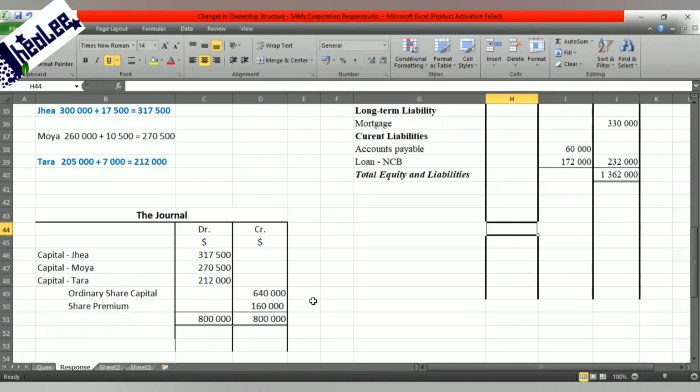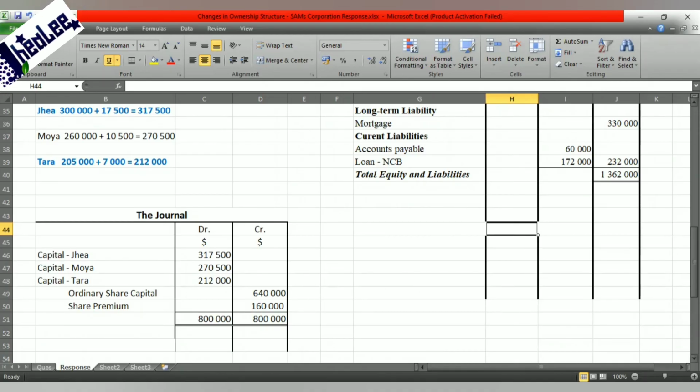But there may be questions where they don't tell you how many shares were sold. What you would then do is just use whatever amount of capital you have for the partners and purchase that amount of shares. So for example, if they did not say that 80,000 shares were sold, all of that 800,000 in capital total for the partners would go to the share capital account.